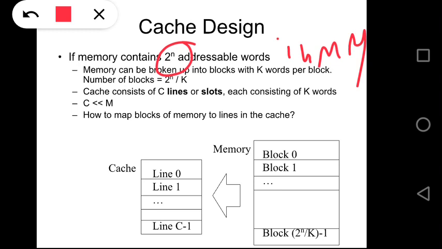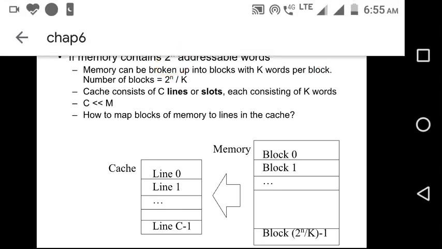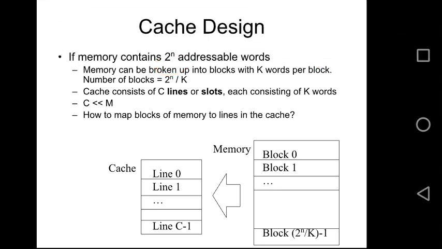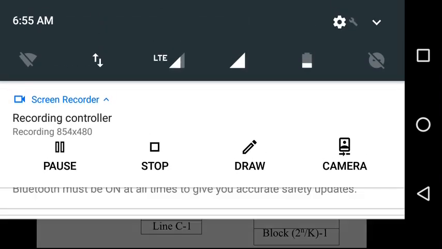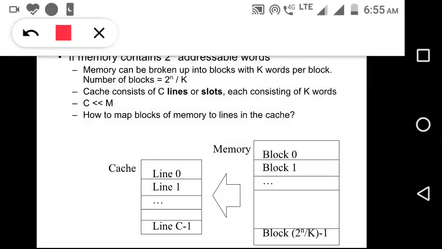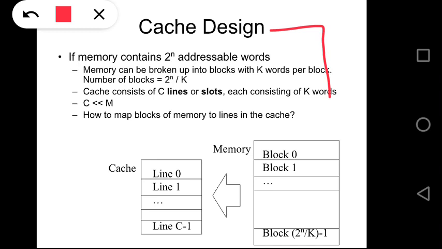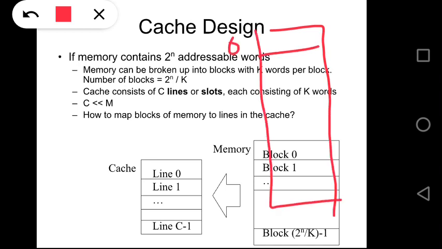Now how can you interpret this? That means the main memory has been divided into 0 to 2 power n minus 1 different words. Why is minus 1 required?